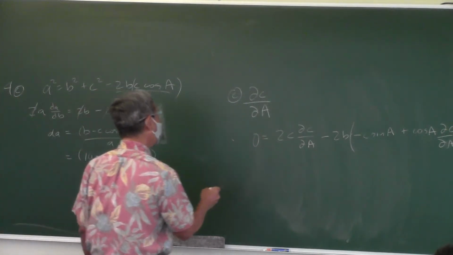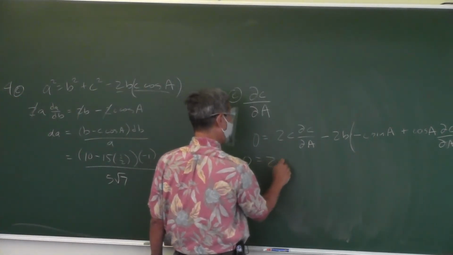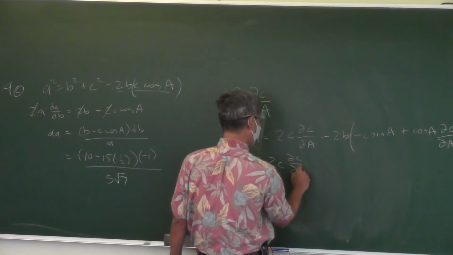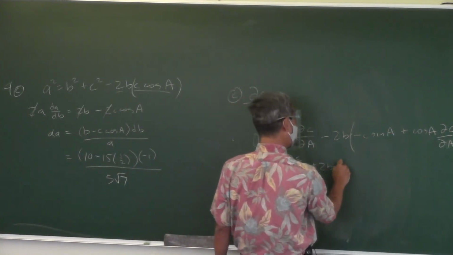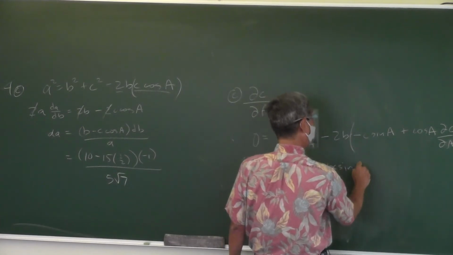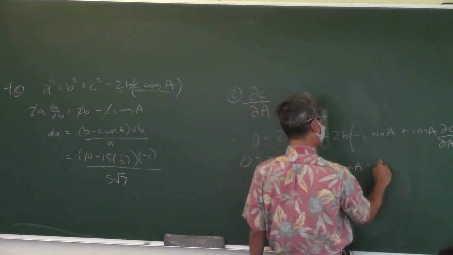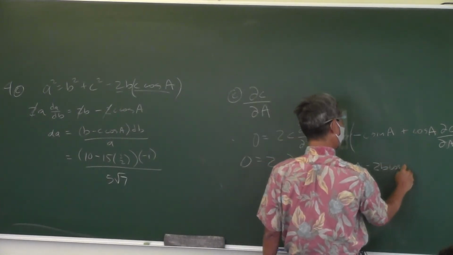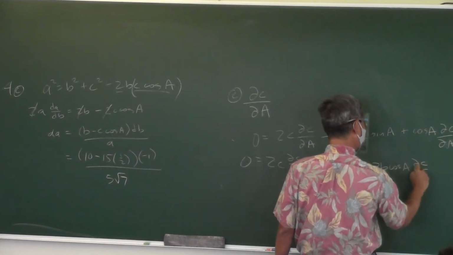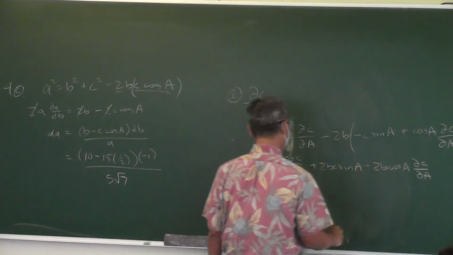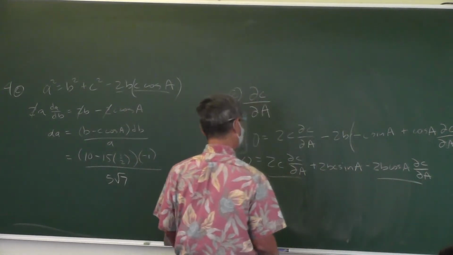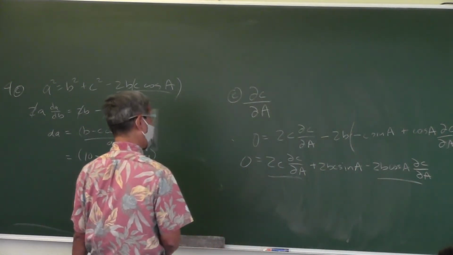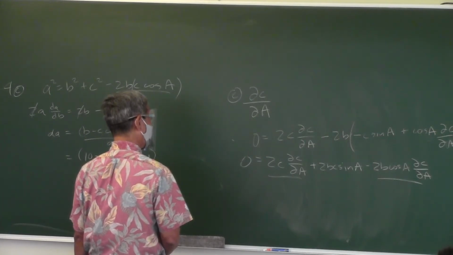Okay, so if you multiply this out, 2C del C over del A, plus 2BC sine A, minus 2B cosine A del C over del A. So there's only two terms with it, so do you want to move it to the left or keep it on the right? Move it to the left.